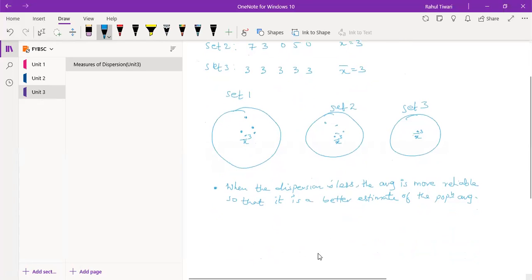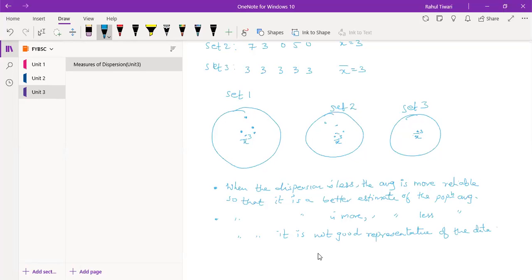And another thing, it is just the opposite. When dispersion is more, then the average will be less reliable, so it is not a good estimate of the population. It is not a good representative of the data, or estimate, both meanings are the same.